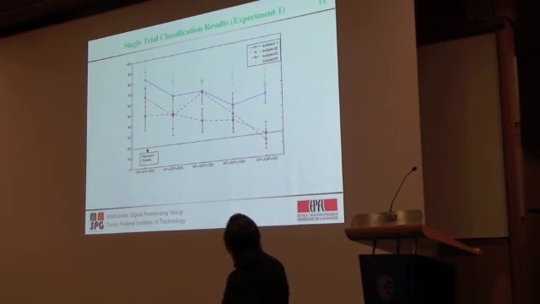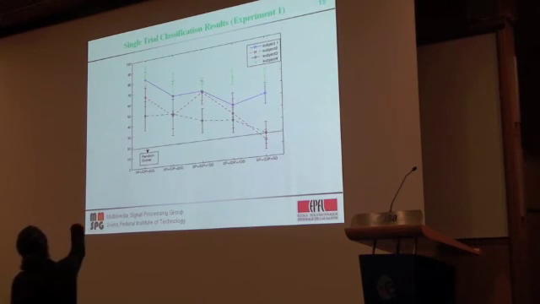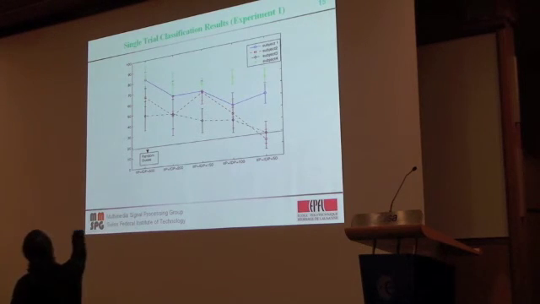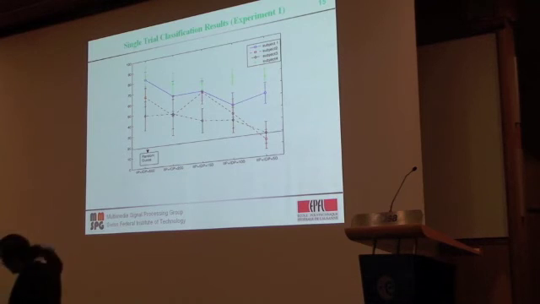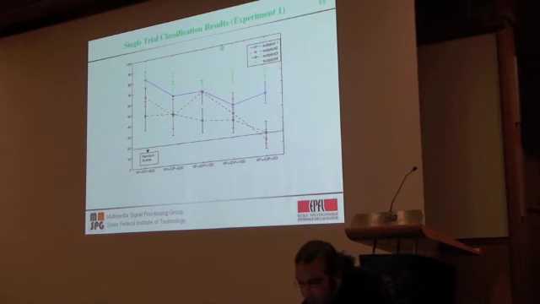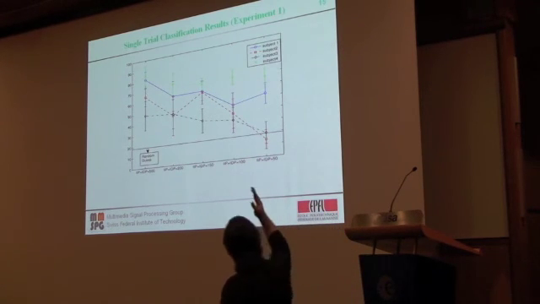And this is the F measure result obtained for different subjects. As you can see, the x-axis shows the different experiments that we have, reliability versus speed, and the y-axis shows the F measure obtained. The mean value of F measure for experiment 1 is about 70, and it goes down for the last experiment.